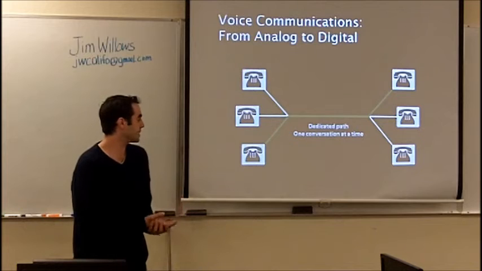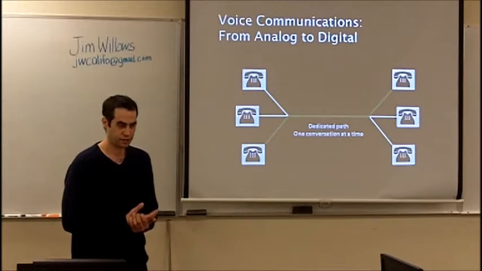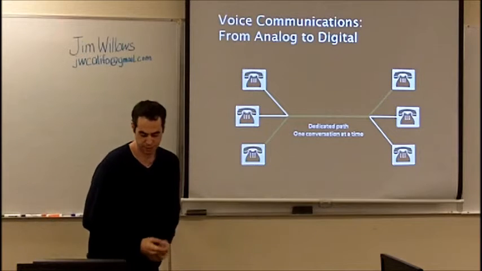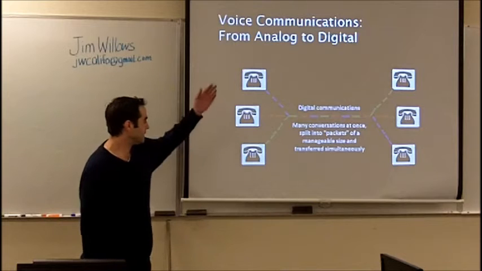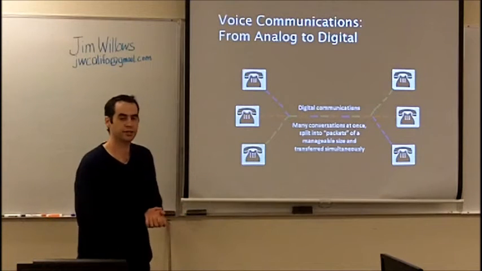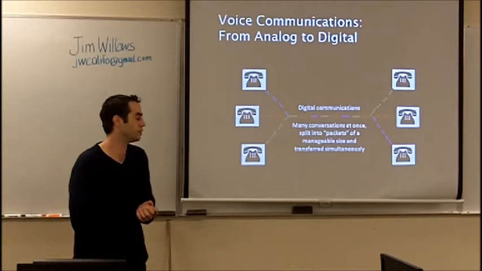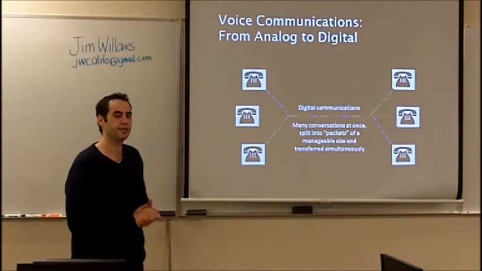This same exact setup, once it is upgraded to digital communication, digital encoding mechanism, is much more scalable and much more effective, and I'll show you why right now. Each colored line indicates conversation going on between 2 phones. There's a green conversation, a red conversation, and a blue conversation.